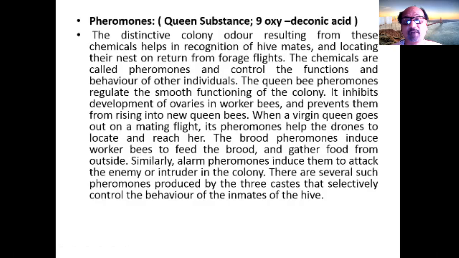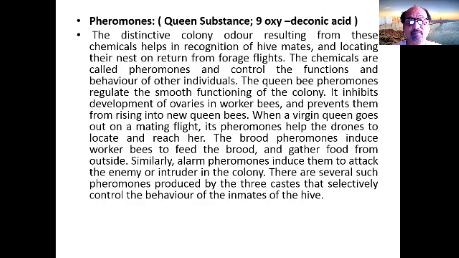The queen bee's pheromones regulate the smooth functioning of the colony. It inhibits the development of the ovary in the worker bees. When the virgin queen goes out on the mating flight, its pheromone helps the drones to locate and reach her, attracting the male toward the queen. The queen substance also plays this role.